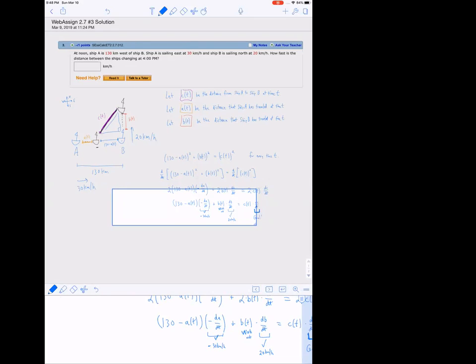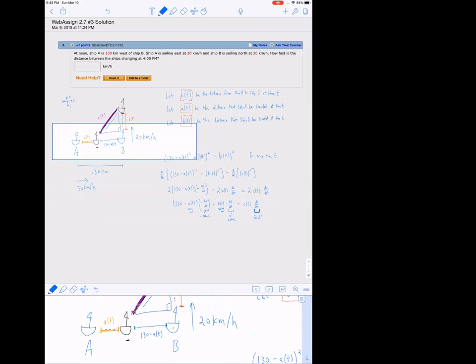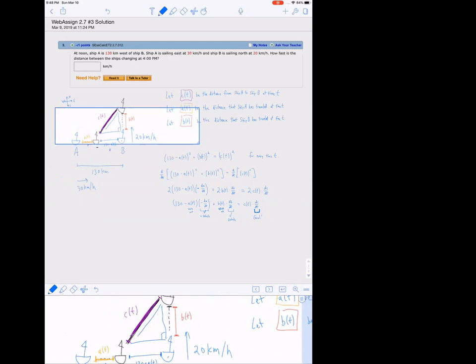And then similarly, we can work out A of t if we know how fast it was traveling and how long it's been traveling. And then if we could work out A, then we could work out 130 minus A, and we could work out B, and so we would be able to figure out the C at the particular moment we're interested in.